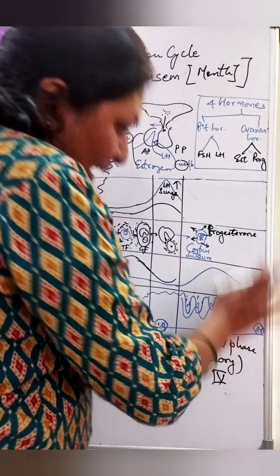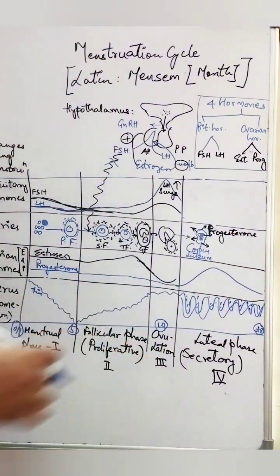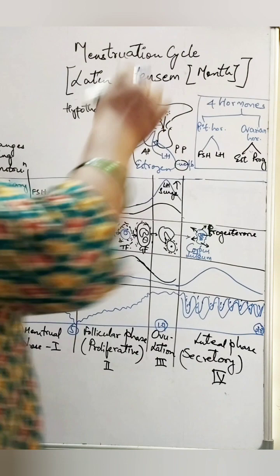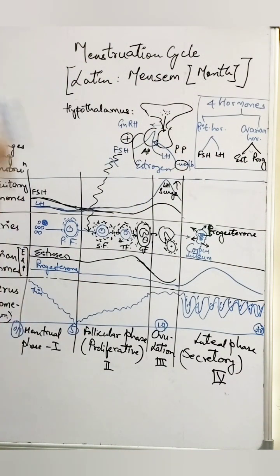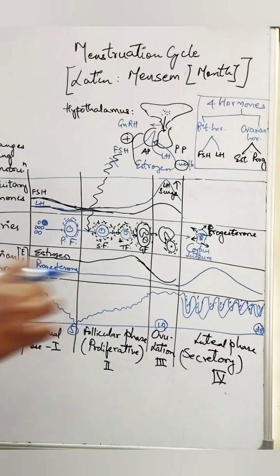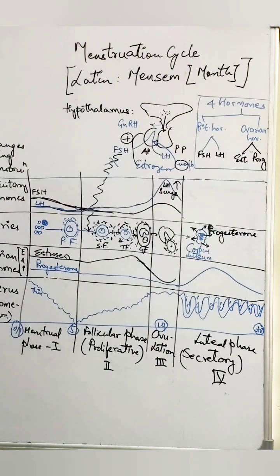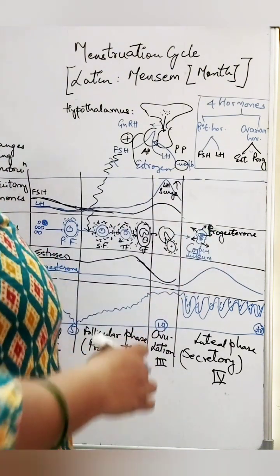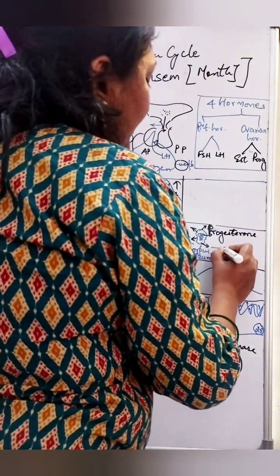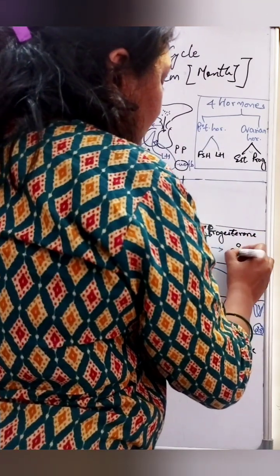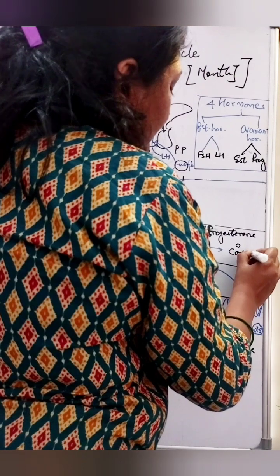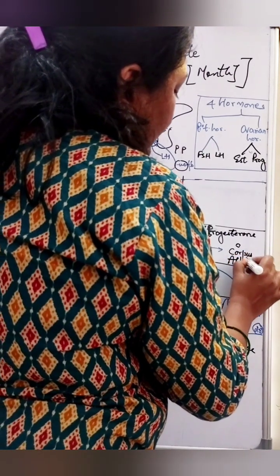But why have I shown the declining graph? Because if fertilization doesn't occur, if the sperm does not come and fertilize the egg or the oocyte which is released here, then this corpus luteum gets converted into a white body, which is called the corpus albicans.